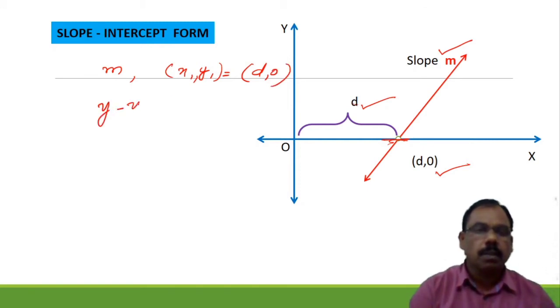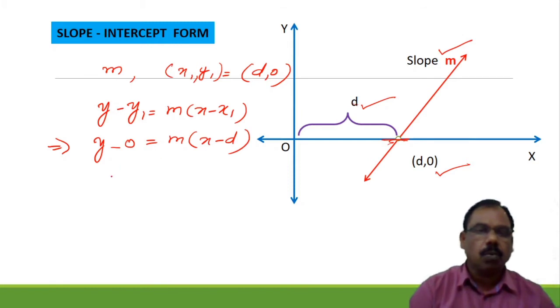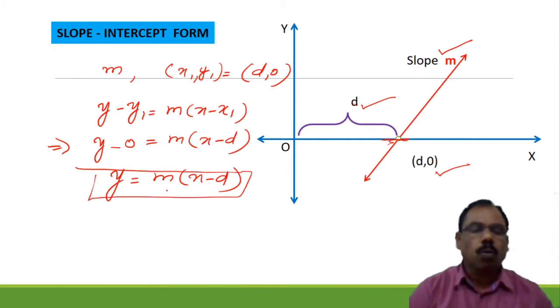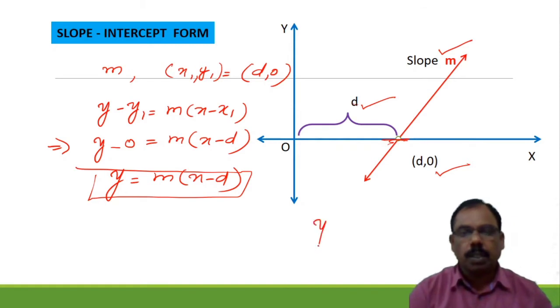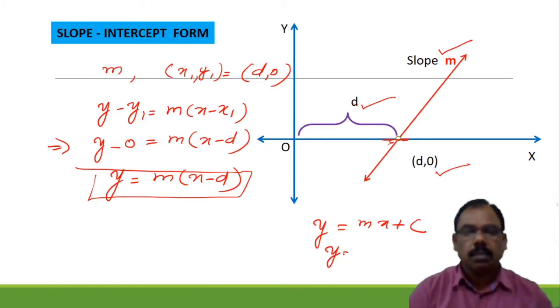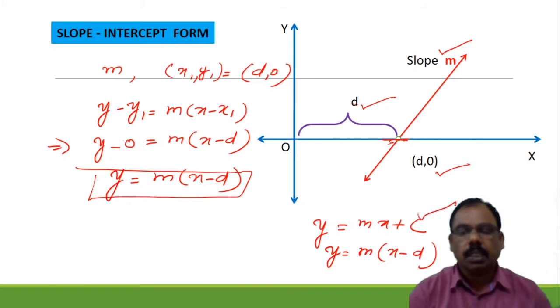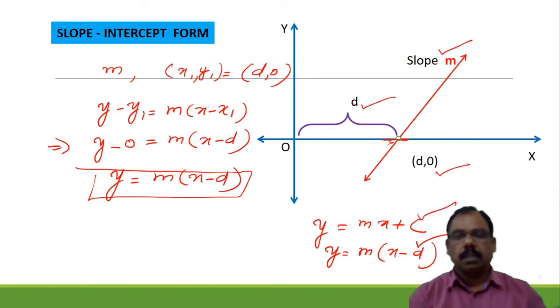Therefore the equation y minus y1 is equal to m into (x minus x1) implies y minus 0 equals m into (x minus d), or we write y is equal to m into (x minus d). This is the second form of the equation, that is slope-intercept form. We have y is equal to mx plus c and y is equal to m into (x minus d). Here c is the y-intercept and d is the x-intercept.